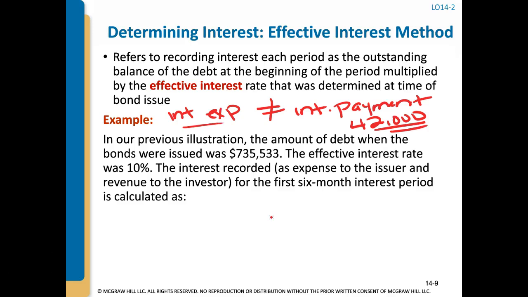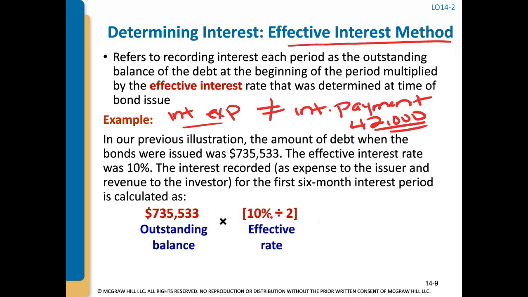So when we look at the effective interest method, the way we calculate that is we take our beginning outstanding balance and multiply that by the effective rate, or the market rate. Notice here, our market rate in this example is 10%, but we have to divide by 2 because we make payments semi-annually.